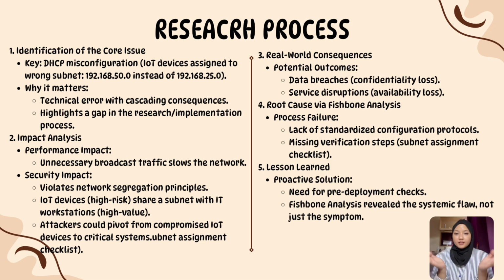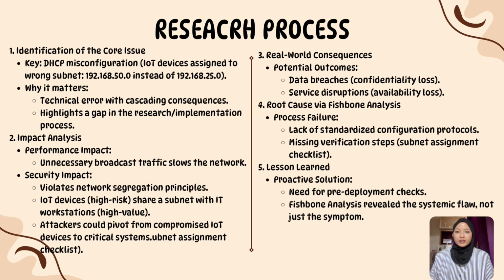Why does this matter? First, it creates unnecessary broadcast traffic across departments, potentially slowing down network performance. More critically, it violates the fundamental security principle of network segmentation. IoT devices, which are often the most vulnerable endpoints, were placed on the same subnet as workstations.